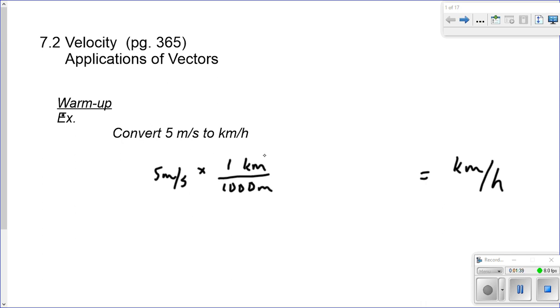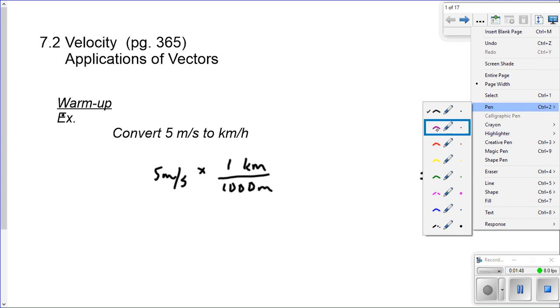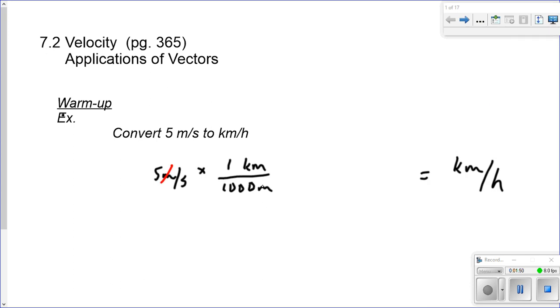Now when I write it like this, my kilometer unit is going to stay in the numerator, and my meters are going to cancel out when I actually do the multiplying. We can cancel units like we can cancel factors, right? The next thing is to multiply by the time conversion.